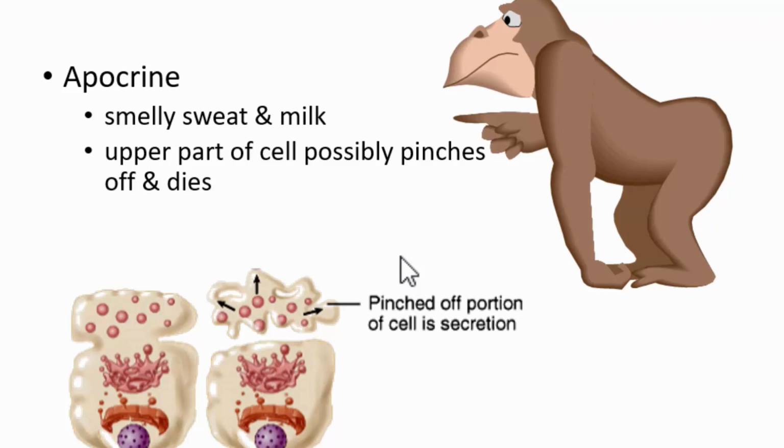Think about anything kind of dead, what's going to affect it? Bacteria. So that's going to impart odor to it. Also, not to mention human pheromones and things like that will add scent to it. So again, this is the thicker, smelly sweat that you find in the armpits, the groin, and the anal region.